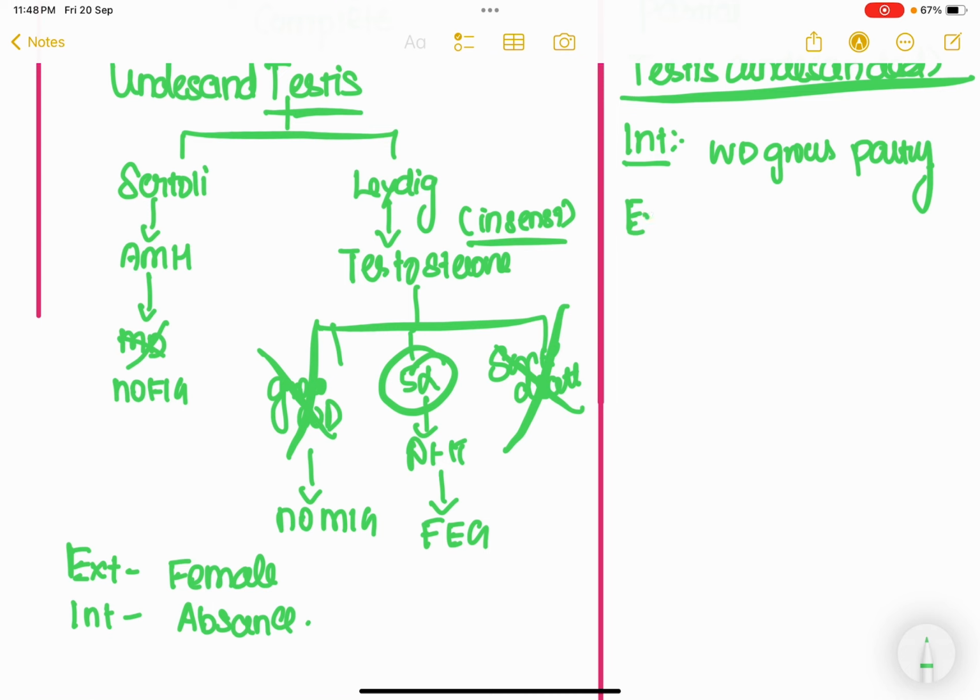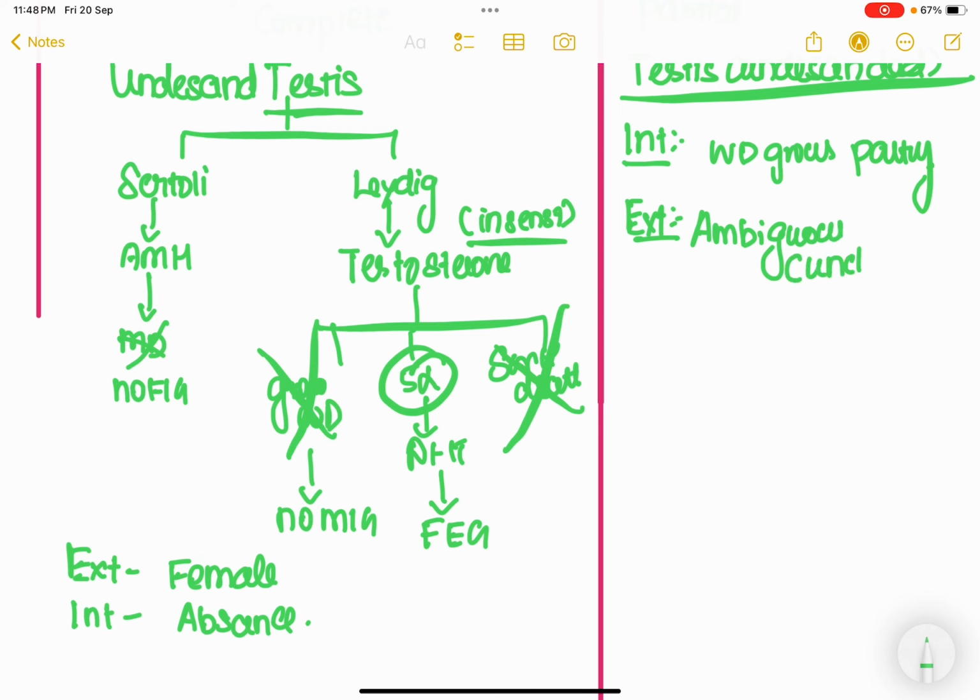When talking about the external genitalia, in the absence of dihydrotestosterone it would become female external genitalia. But these patients are only partially resistant; they are partially sensitive to testosterone. So when testosterone comes into action, the external genitalia is going to be ambiguous genitalia. What is ambiguous genitalia?